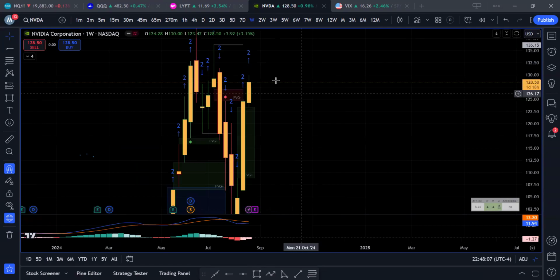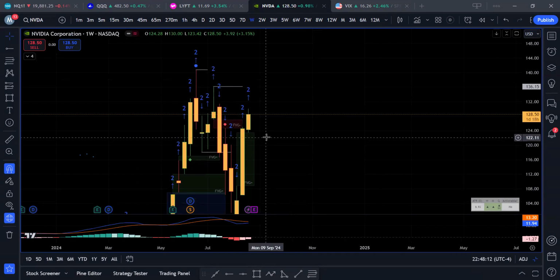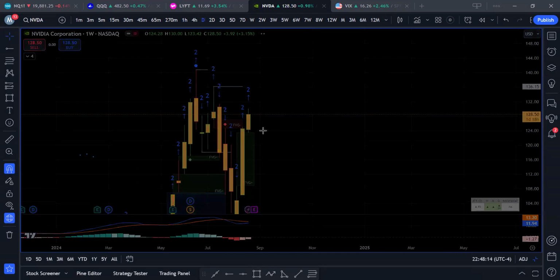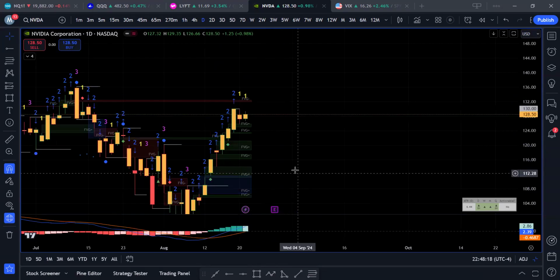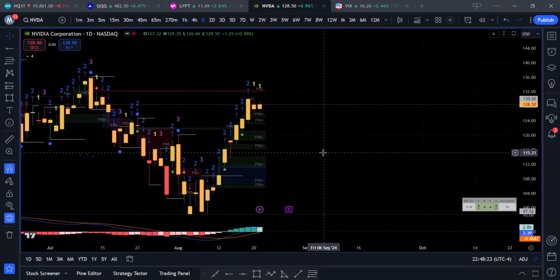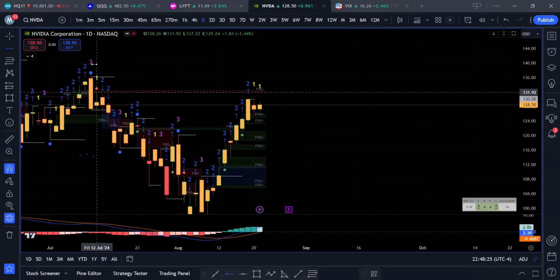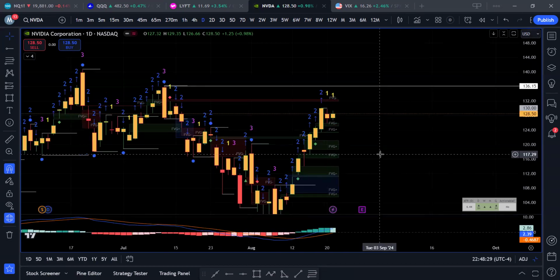Okay. Yeah, I could see the 130. Obviously you wanted to trigger, of course, but yeah, I could see Nvidia at 130. Ideally, I probably wanted to take that out before possibly dropping, but we'll see.